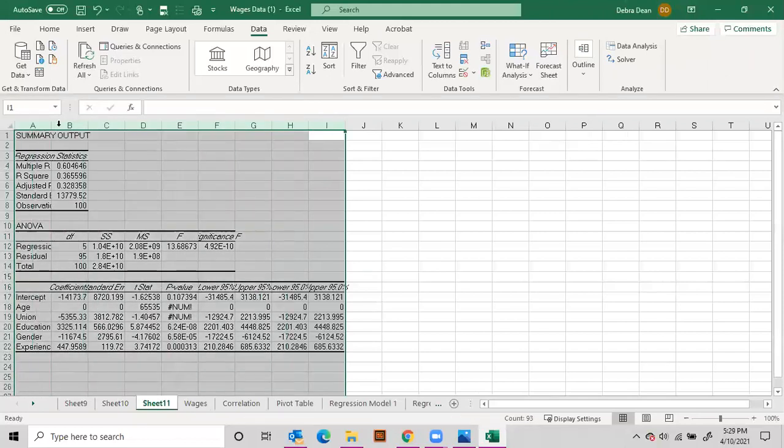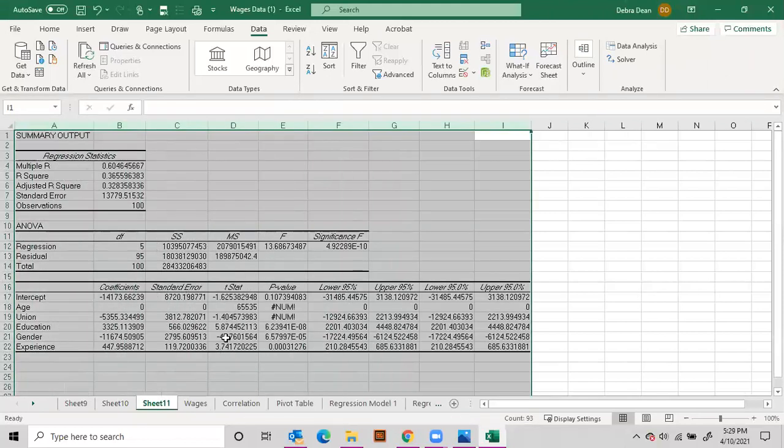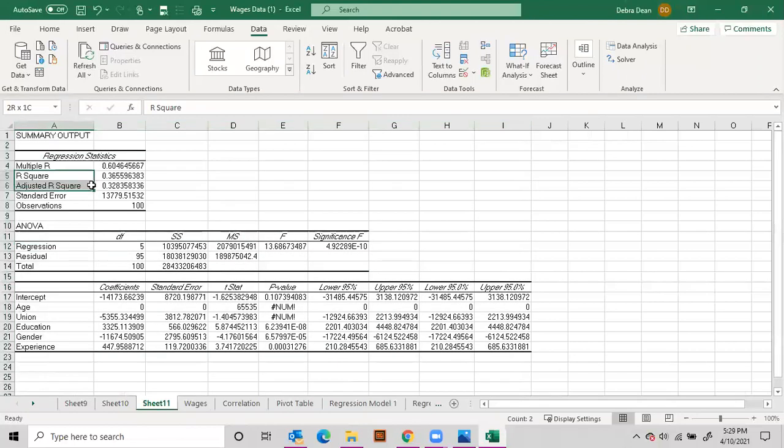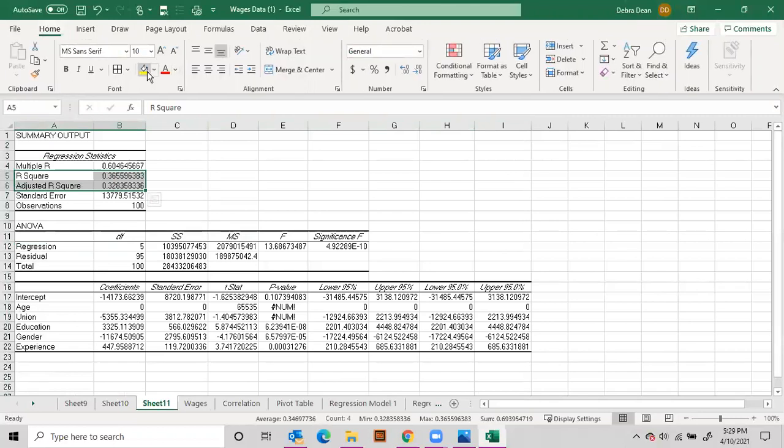Now with this, again, we get a lot of information. Went through this a little bit more in detail with a previous video, but the ones that we're interested in are R-square and R-square adjusted. And this time we have more than one independent variable.